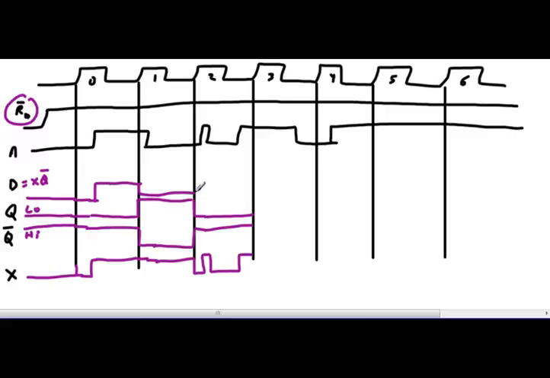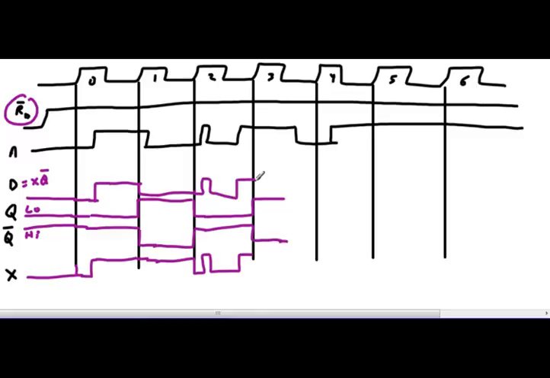Q naught is high, so when X is high, D goes up. So D is going to spike there, and D is going to spike here and stay high when the next clock pulse happens, in which case Q goes up, Q naught goes down.